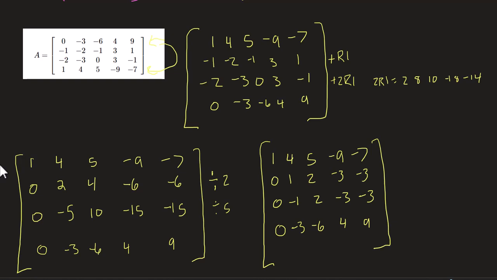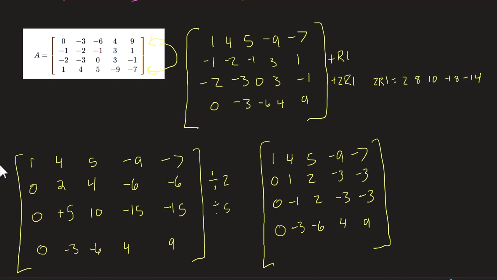Alright, now let me check and make sure I didn't make a mistake here. Let's see. 4 plus negative 2 is positive 2, and that was a negative 3, and negative 3 plus 8 is a positive 5.